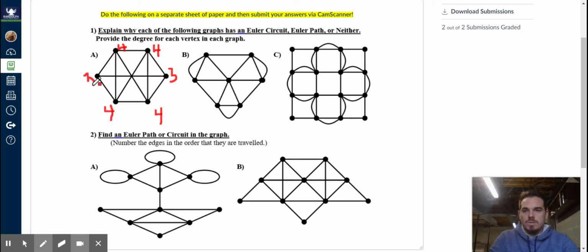Now, what I would suggest is going back and looking over all of the theorems that we had for Euler, because in this situation, we have all the vertices even except for exactly 2 of them that are odd degrees, so this would be a Euler path. So I'm just going to put Euler path here.